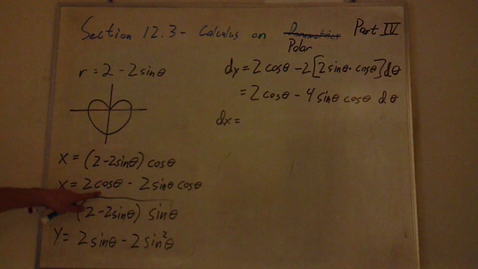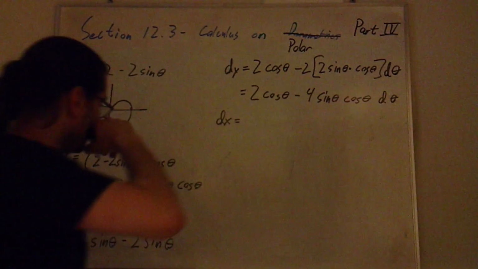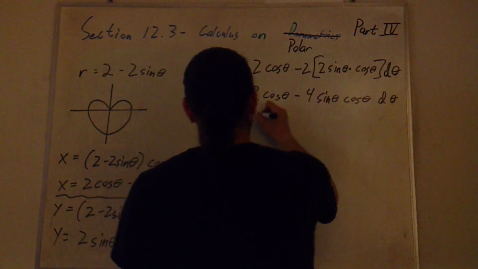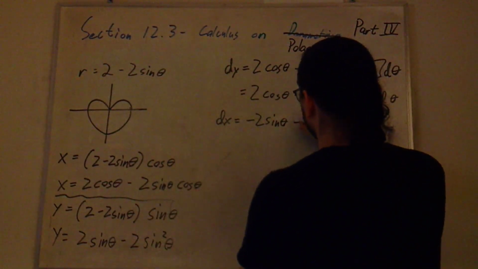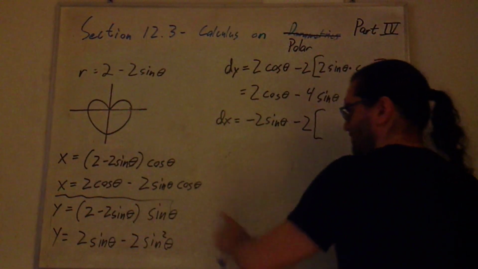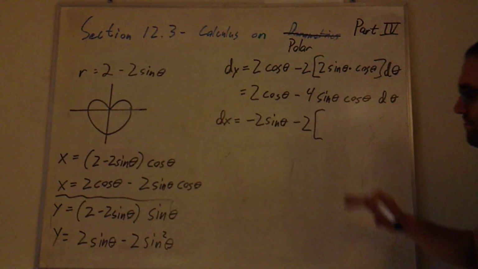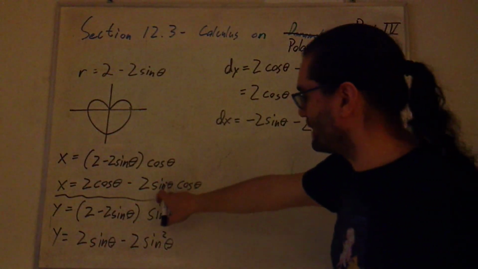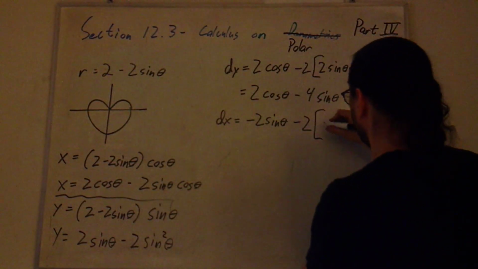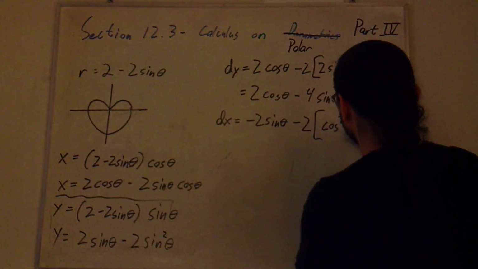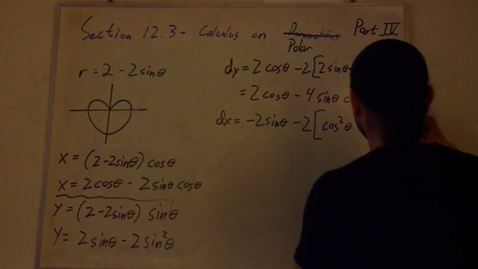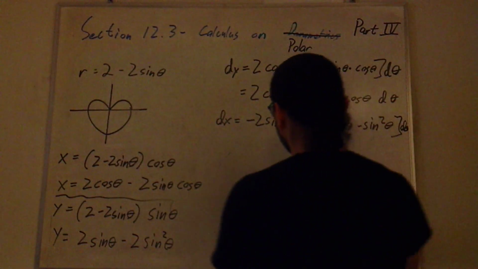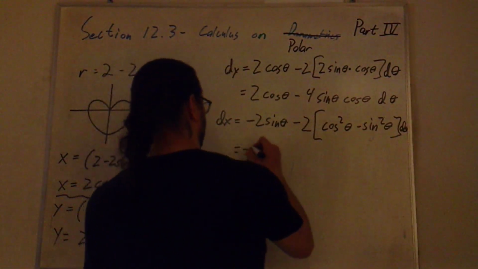dx is the derivative of 2 cosine theta, which is going to be negative 2 sine theta. That other negative 2 is just a coefficient that's safe. And we remember from the last video that the derivative of sine cosine is cosine squared theta minus sine squared theta d theta. And I can once again clean this up a little bit.